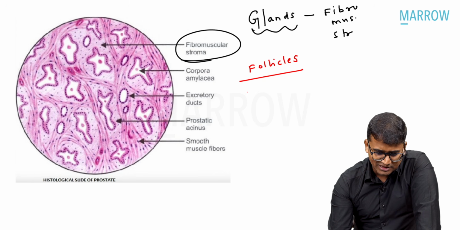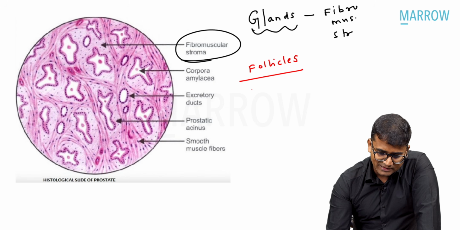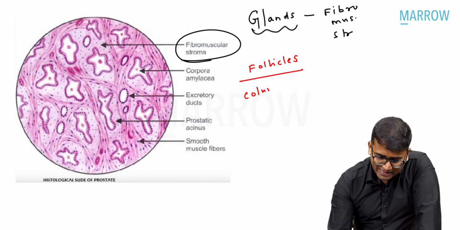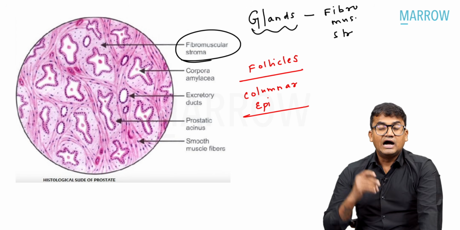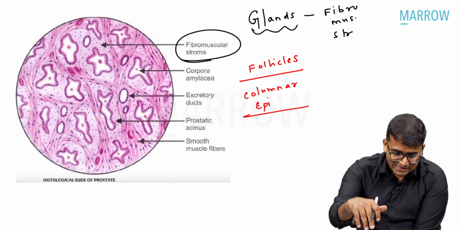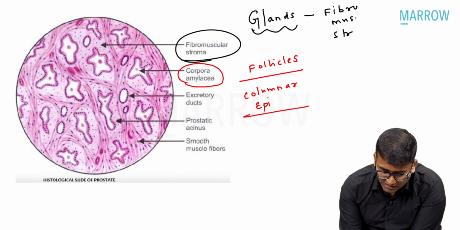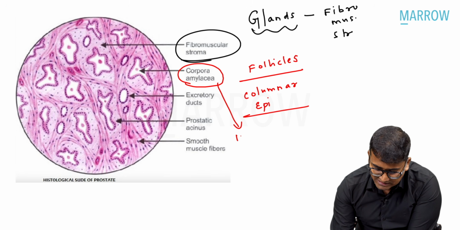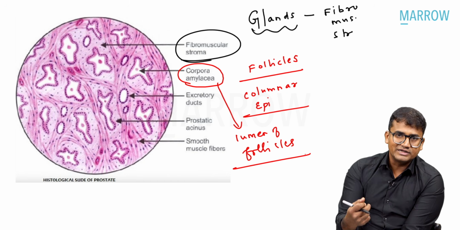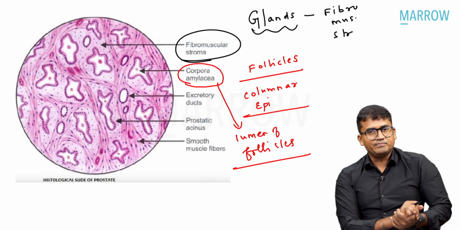No. Columnar. Simple columnar epithelium. So follicles are lined by simple columnar epithelium, and the lumen of the follicles contains amyloid bodies. What are those? Corpora amylaceae, which are present in the lumen of the follicles.